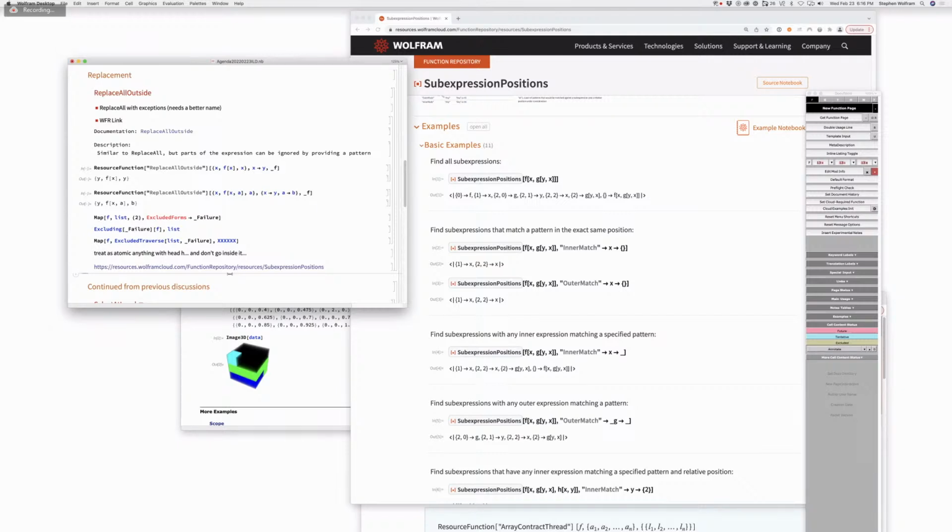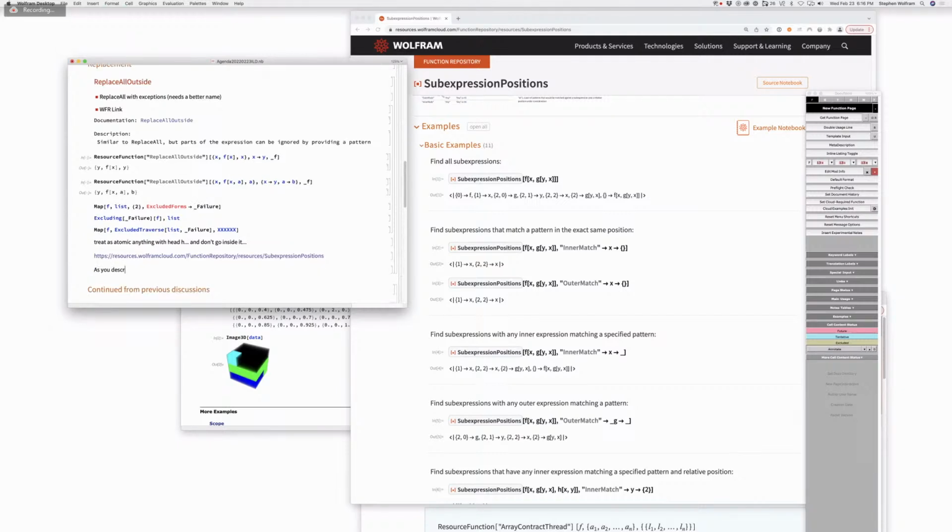So basically the idea is as you descend into an expression, stop if you fail the outer match. Is that right? It's like you fail if anything outside of this expression matches your pattern. Yeah, I get it. But in the case of map, that's a different thing.